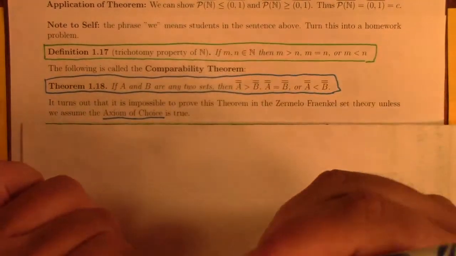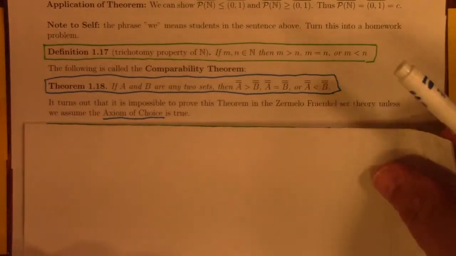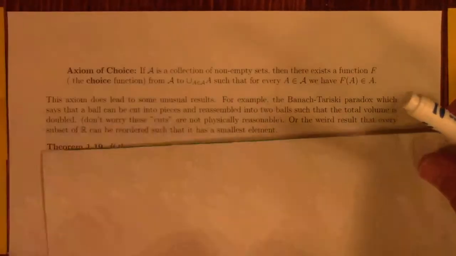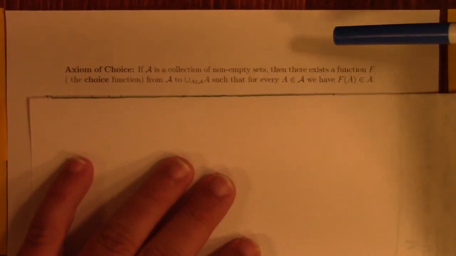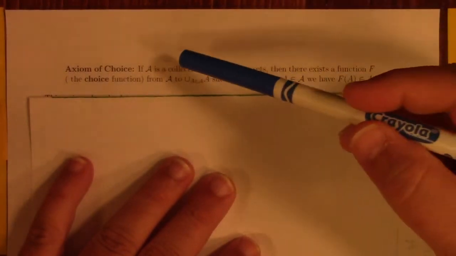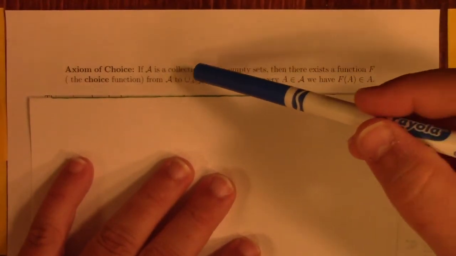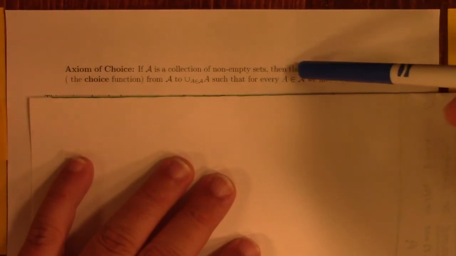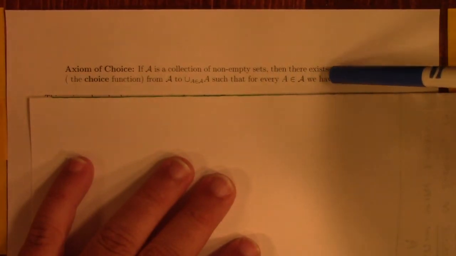Now you might ask, what's the axiom of choice? All right, well, great. What's the axiom of choice? The axiom of choice is this. If you have a collection of non-empty sets, then there exists a function f, which we call the choice function, from A to the union of A, such that for every A in that family of sets, we have f of A is in A.